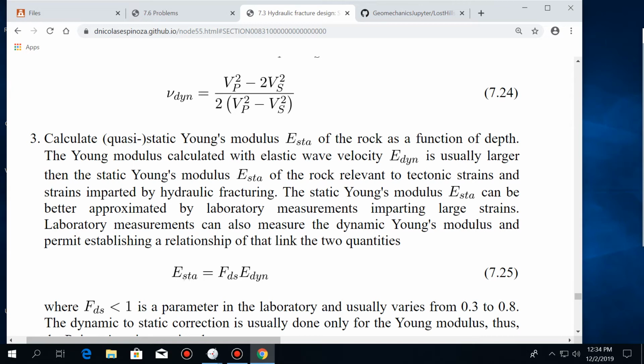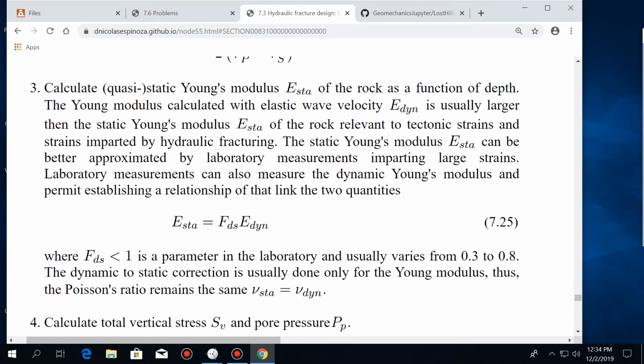And when you make a fracture, or when you deplete the reservoir, the stiffness tends to be lower. And that's why there is this conversion factor from dynamic to static, which, as we said before, is less than 1. So you multiply your dynamically found Young's modulus times this factor, and then you get your static Young's modulus, which is a better approximation of the stiffness of the rock.